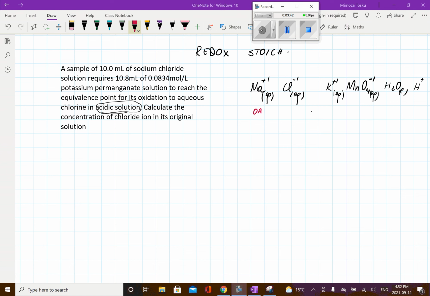And then chloride is a reducing agent, because you see it is on the right side of the equation.